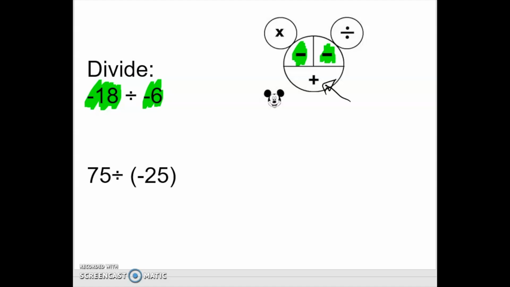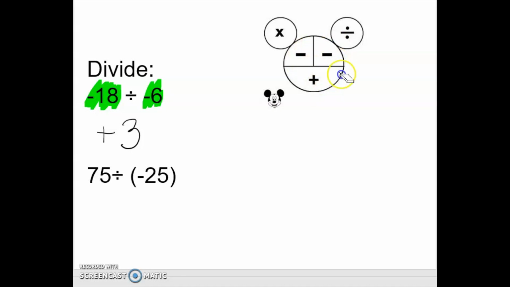We see that positive left over, which means our answer will be positive. When your answer is positive, you do not have to write the positive sign. Sometimes I write it as I'm working and then erase it later, just so that I know I already took care of the sign. So 18 divided by 6 is 3, and my answer is positive 3.